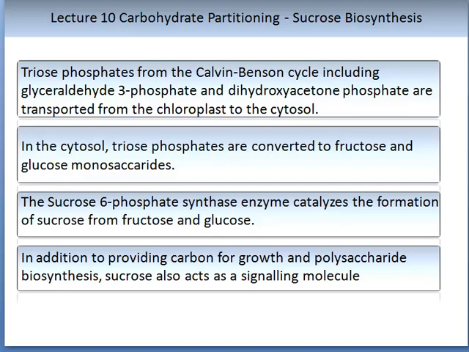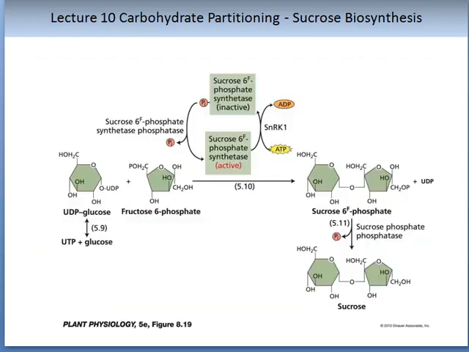In addition to providing carbon for growth and polysaccharide biosynthesis, sucrose also acts as a signaling molecule. For agricultural perspectives, sucrose is probably the most common sugar to be transported around the plant. The image on the slide shows sucrose biosynthesis.